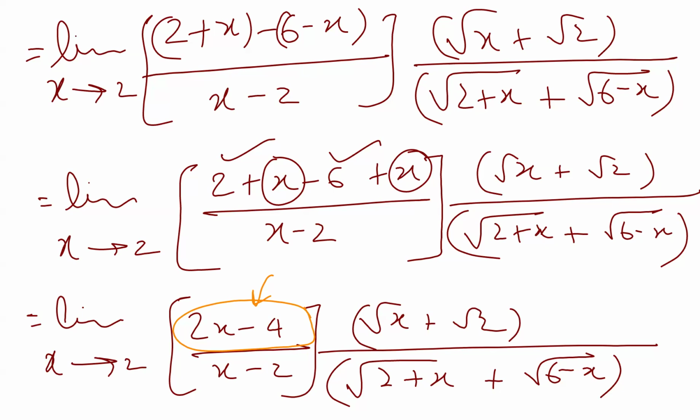So that x minus 2, and down there is one more x minus 2. You can cancel that. After cancellation, you check whether you can put the value of x as 2 in the denominator. If yes, then you can put it. The denominator entirely should not convert to 0. See guys, x minus 2 is a problem creator, because if you put 2 over here, 2 minus 2 is 0. So once this x minus 2 term is cancelled, half of the problem is solved.